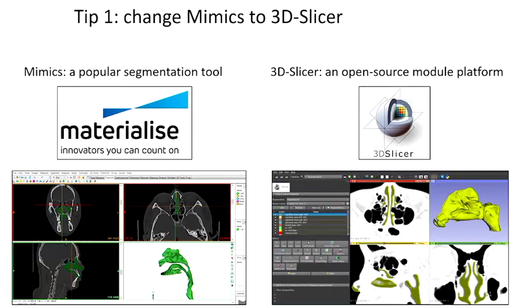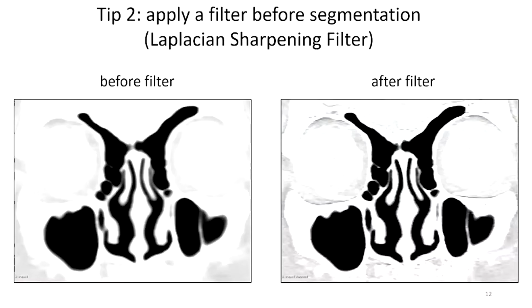You can always find cutting-edge technology in the 3D Slicer, and I found it's quite useful when segmenting the ethmoid sinuses.